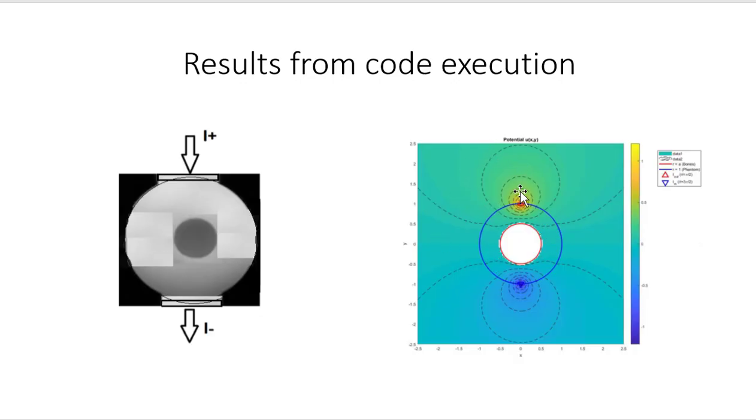And this red circle is where the electrode position is. Also the blue circle: the red one is where the current enters the object, and the blue one is where the electrode exits the object.